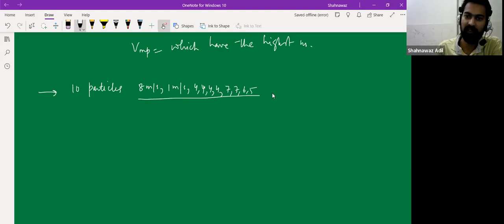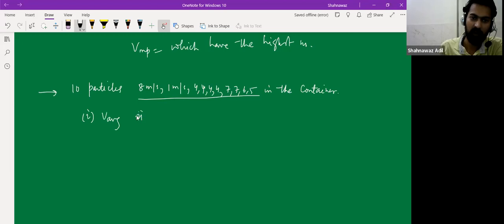So these are the velocities of 10 particles in the container. If I ask you what will be the average velocity, the RMS velocity, and the most probable velocity, let's calculate this.